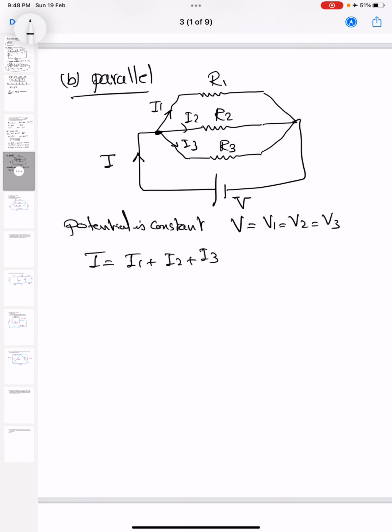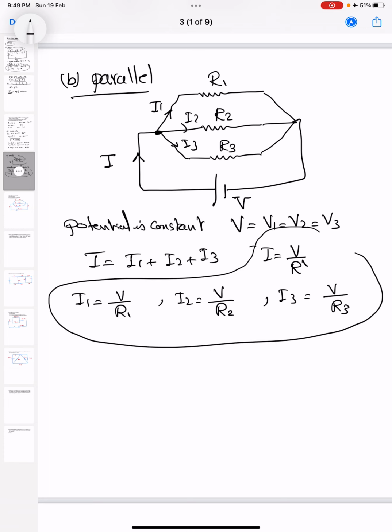From Ohm's law, I equals V divided by R dash. This is the total current. I1 equals V divided by R1. I2 equals V divided by R2. I3 equals V divided by R3. Take the four equations and substitute in this main equation.